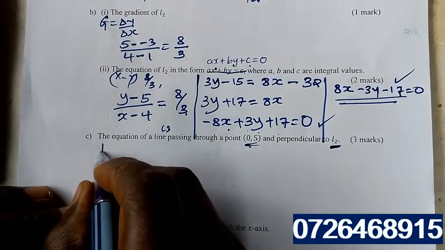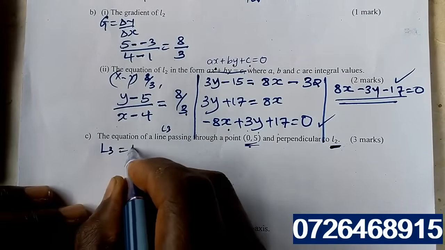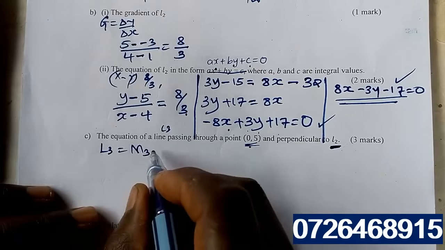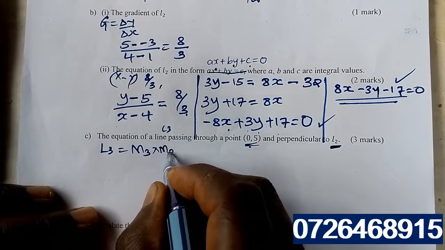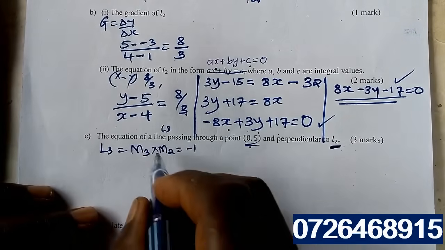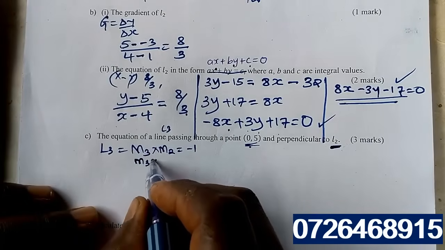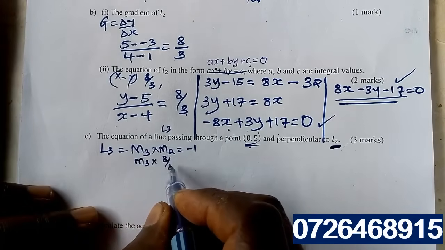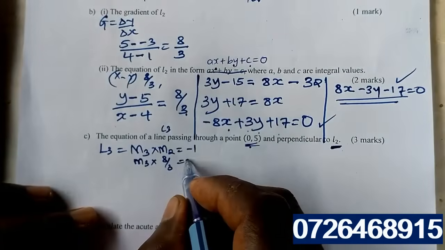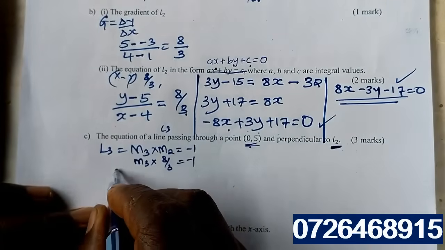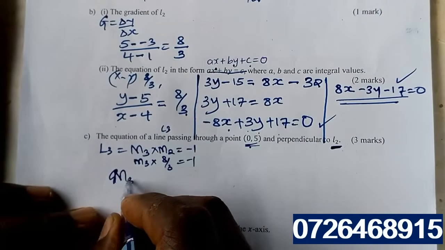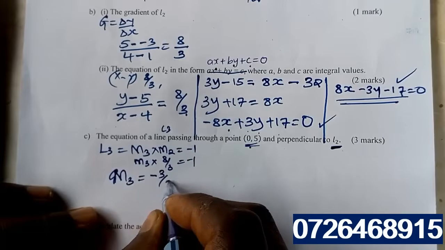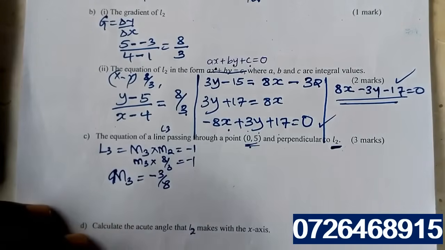The gradient of L3 we will call M3. So M3 times M2, the answer should be negative 1. That is M3 times 8 over 3, which is the gradient of L2, the answer should be negative 1. So you realize that the gradient M3 is negative 3 over 8, the negative reciprocal of that.